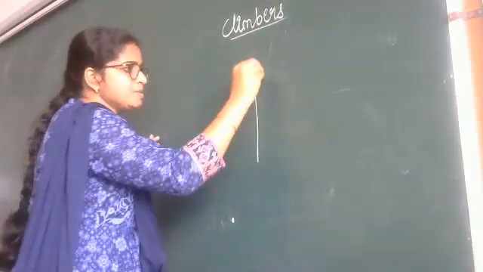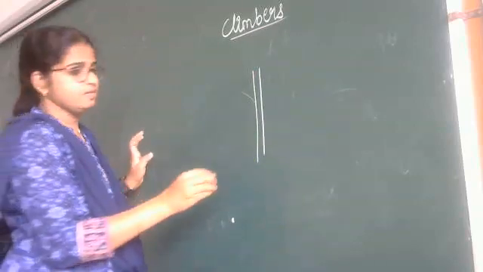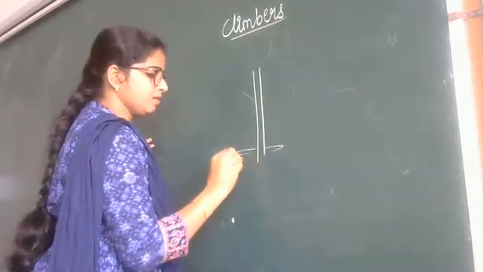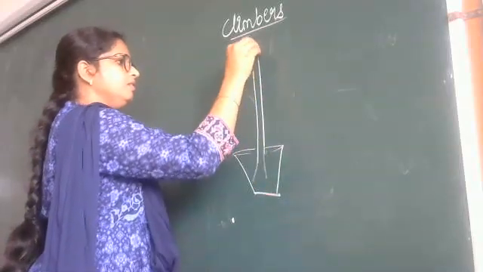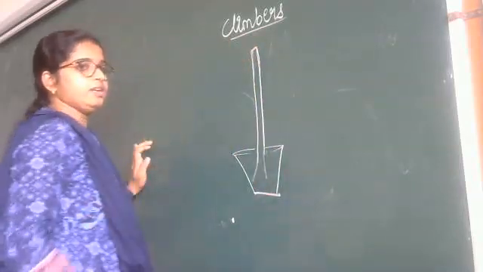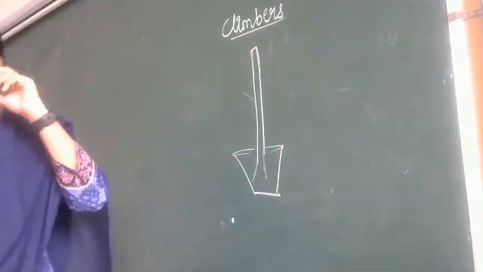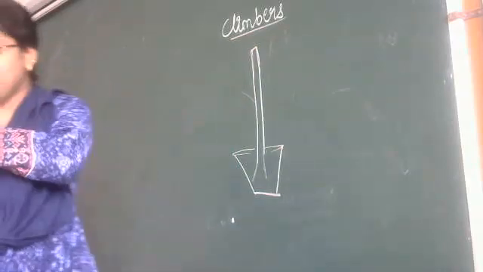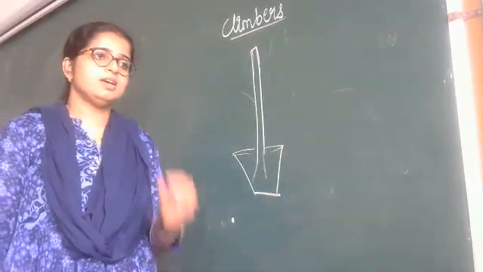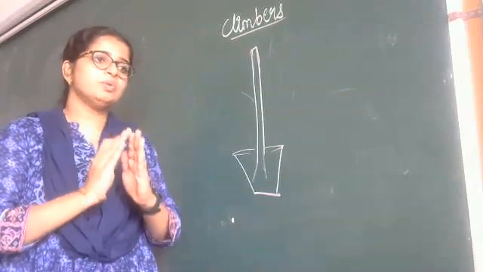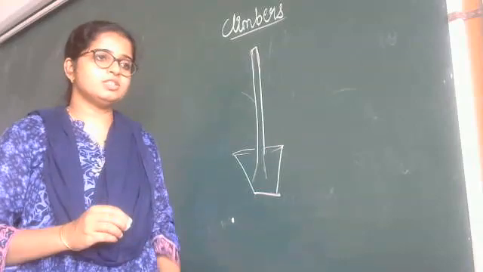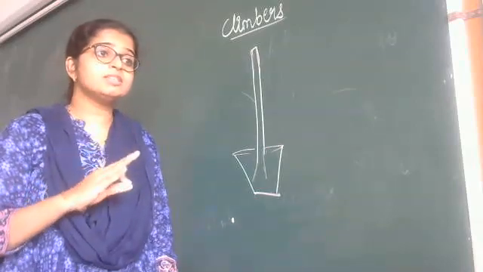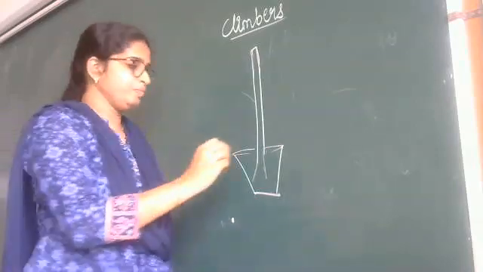Does a plant climb? Yes, ma'am. कैसे? See, climbers means some plants have weak stems. Some plants have weak stems and cannot grow on their own. It needs a support to grow.